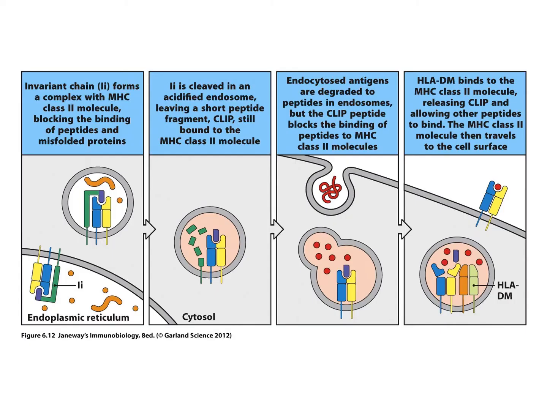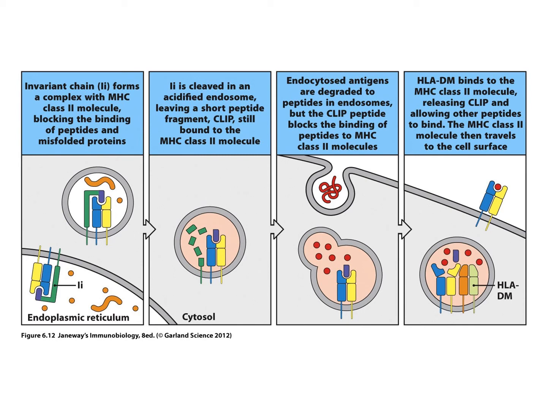So, let's talk about this loading and unloading of CLIP and our peptide du jour. Far left panel at the bottom there, you see our class II molecule is being stabilized by an invariant chain. Here they're only showing one.